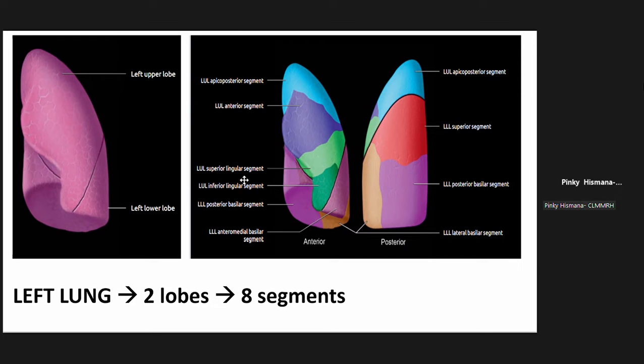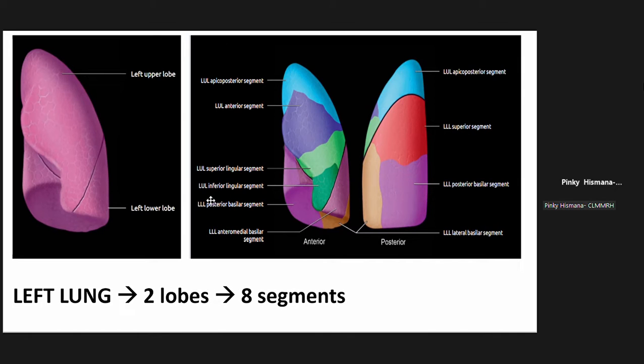Your lingula now, the counterpart of the middle lobe, where you have medial and lateral. In the lingula, you have the superior and inferior lingula. For the lower lobe, what merged here is your anterior and medial basilar segment.